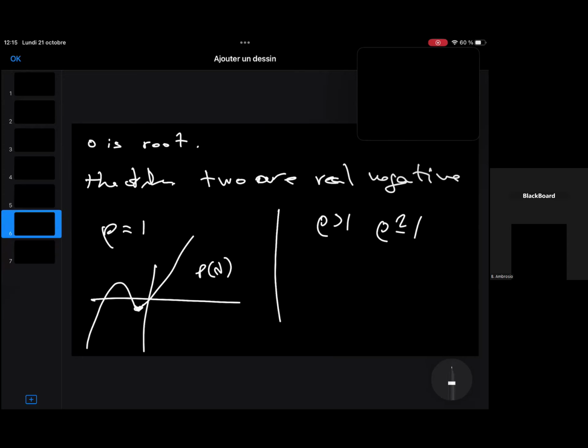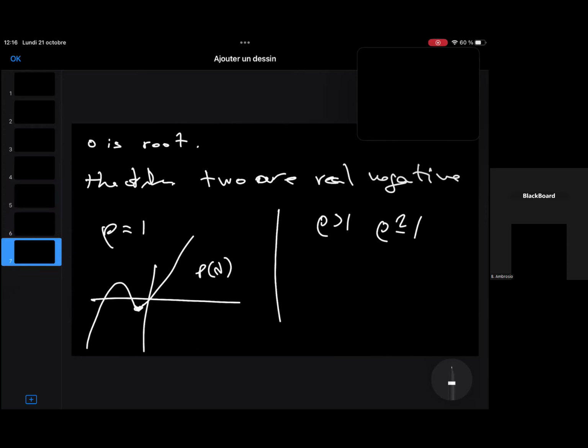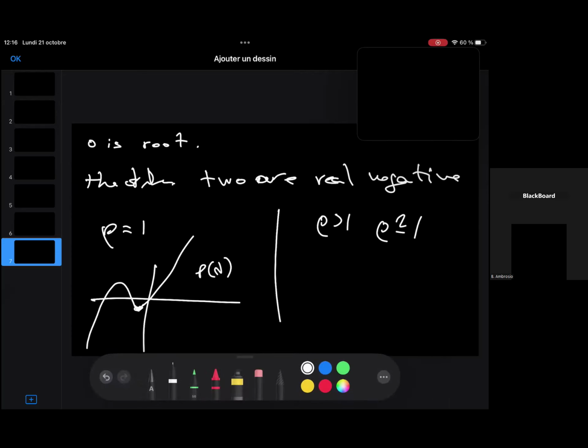what we see, I'm not writing, so this was minus p lambda.